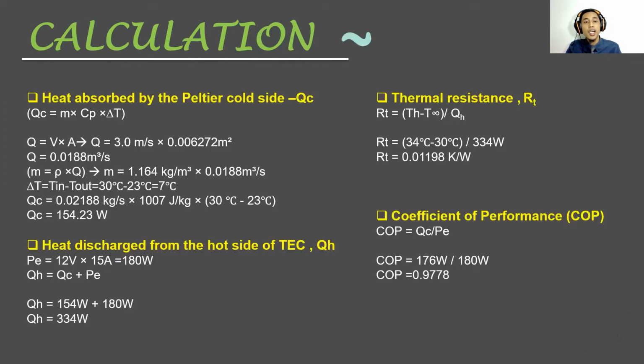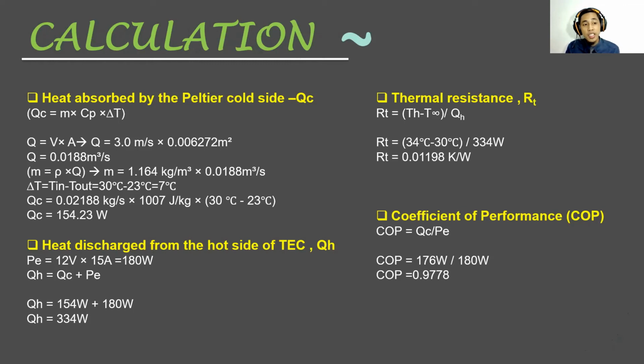Okay, these are my calculations. The calculation of heat absorbed by the Peltier cold side, QC. We can follow the formula QC equals m multiplied by Cp, specific heat of air, multiplied by delta T, the temperature difference.